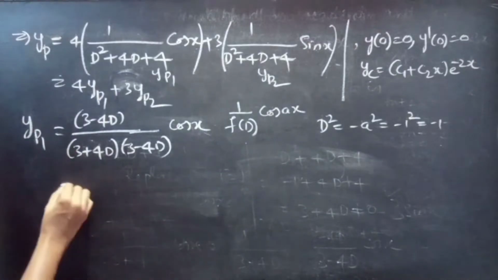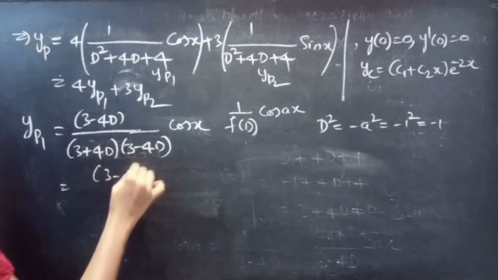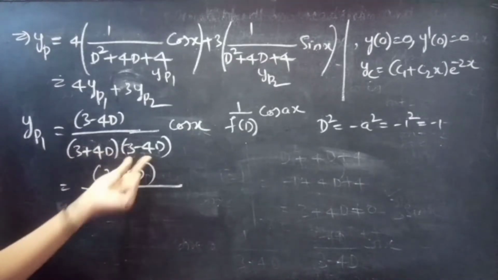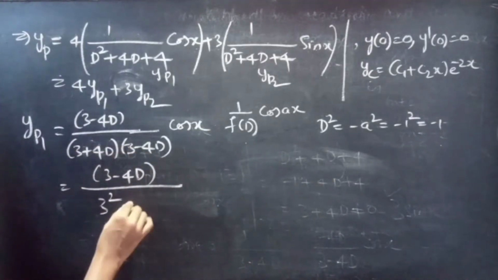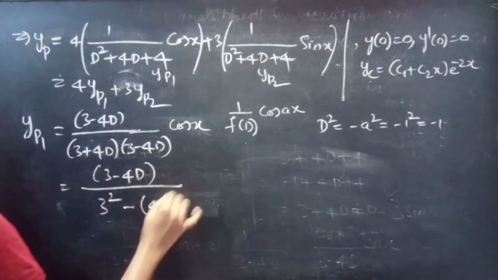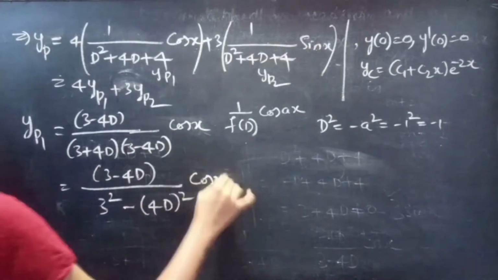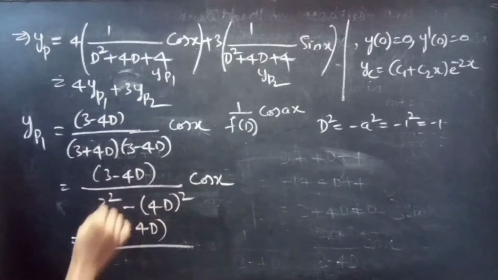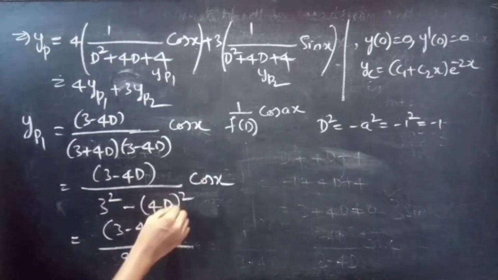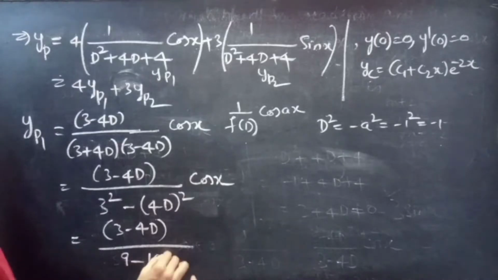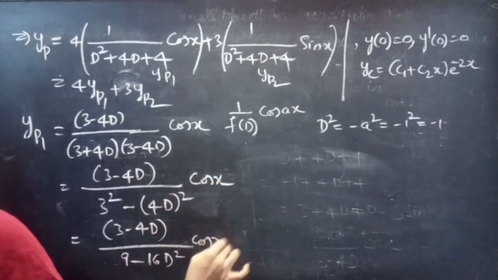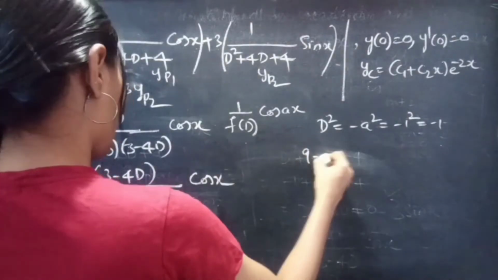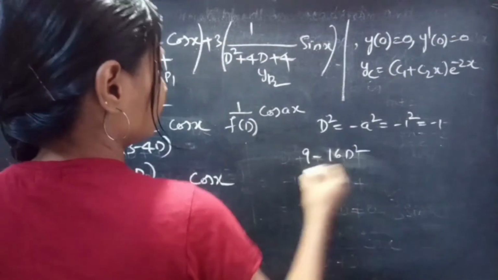This becomes 3 minus 4D by, in the denominator we have two terms of the form a plus b into a minus b, so we can write it as a square minus b square, into cos x, which equals 3 minus 4D by 3 square, which is 9, minus 4D whole square, that is 16 into D square, into cos x. Again D square appears in the denominator, so we'll check by replacing D square by minus 1.